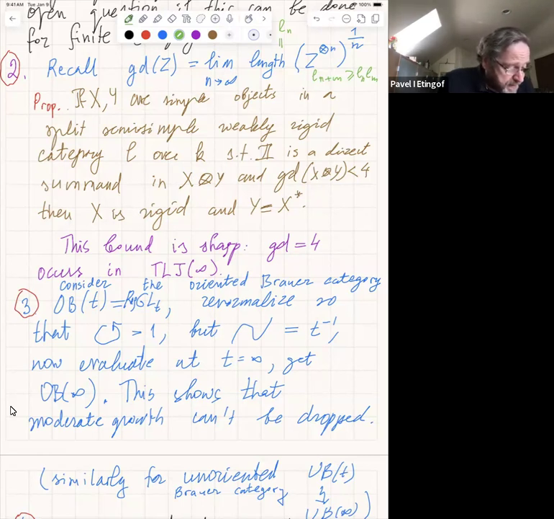Then we can renormalize it so that the circle is 1 but the wiggle is t inverse. It's a symmetric category, by the way, so braided in particular. Now we can evaluate it at t equal infinity, and we get this asymptotic category OB(infinity). That's a symmetric category which is weakly rigid but not rigid. And this showed that moderate growth cannot be dropped.